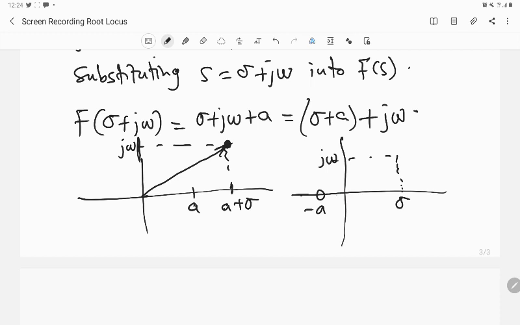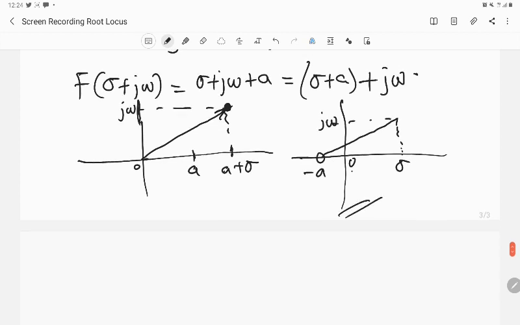Then I'll plot it from here. The only thing I've done is to translate the j omega axis from 0 to a. So where a was is where the 0 is, therefore the left hand is going to be minus a and the right hand is going to be sigma.